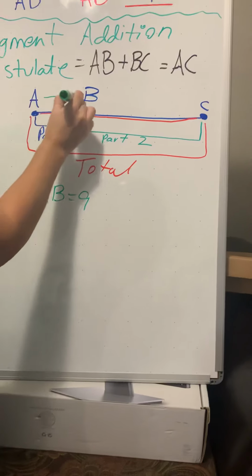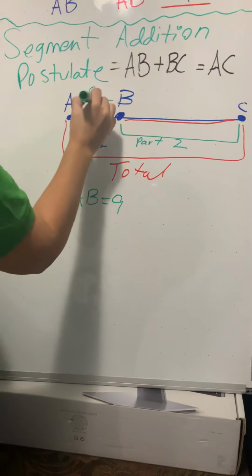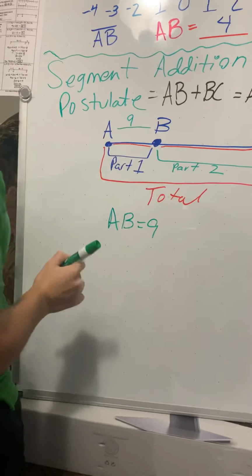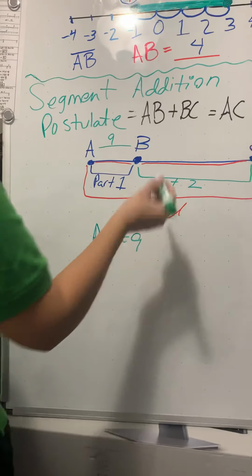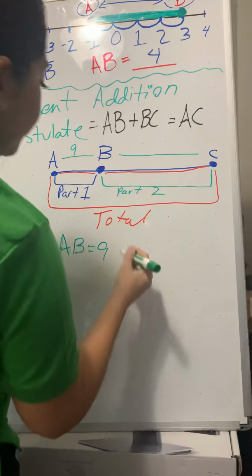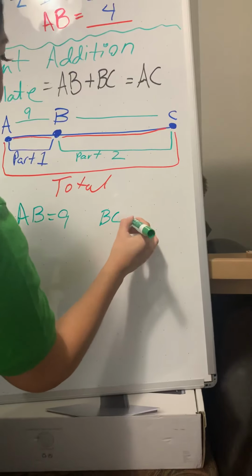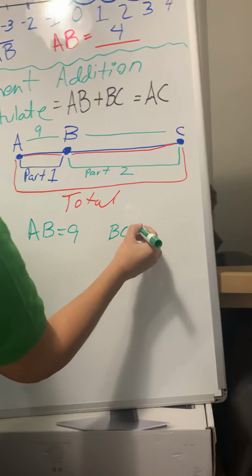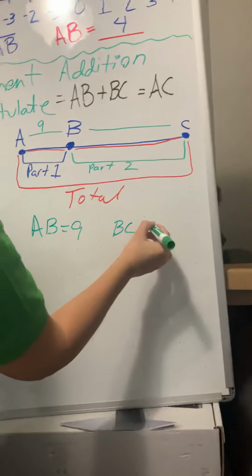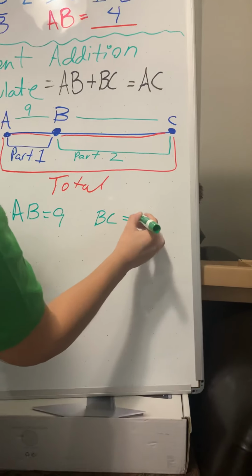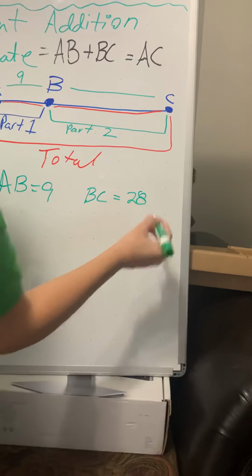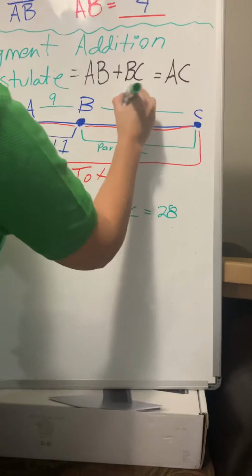So here we know AB is 9, right? And BC equals 28, right? So we have 28.